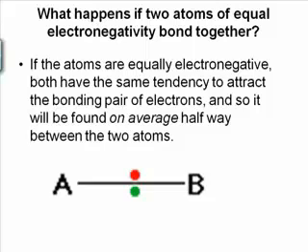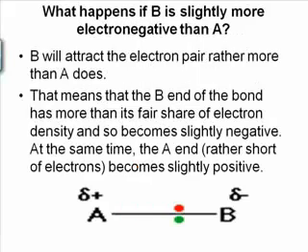If one of them has a slightly higher electronegativity, you would expect the electrons to spend more time around that atom. So we have possibly still sharing, but not an equal sharing.